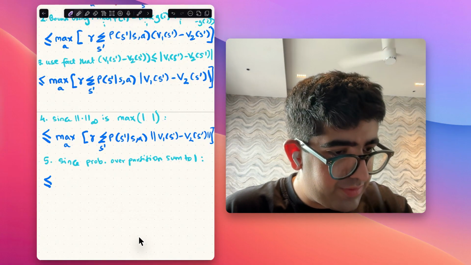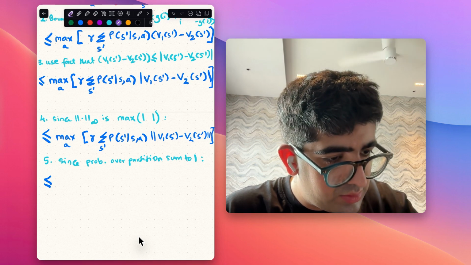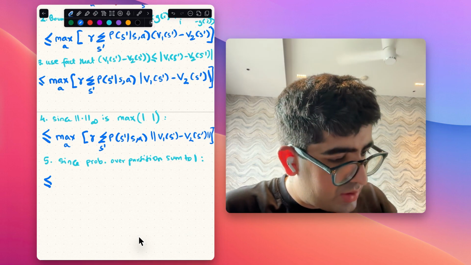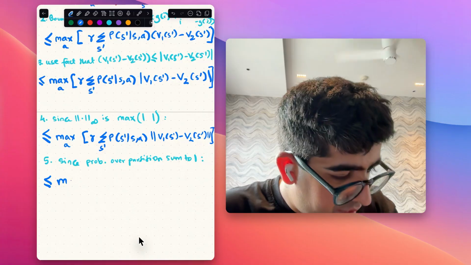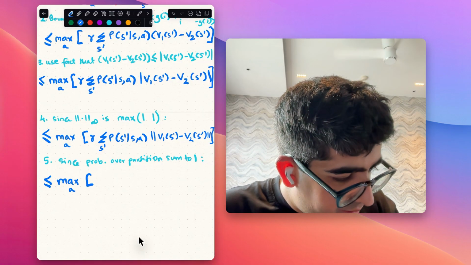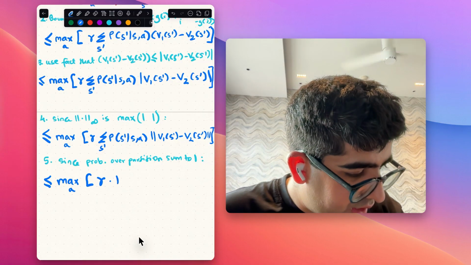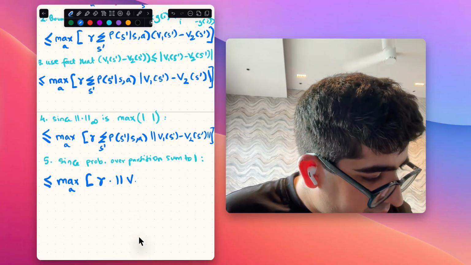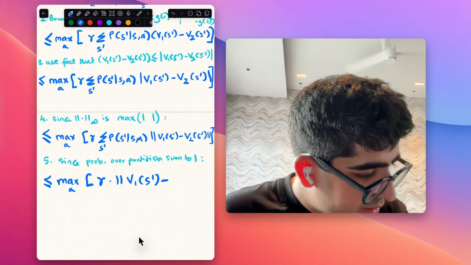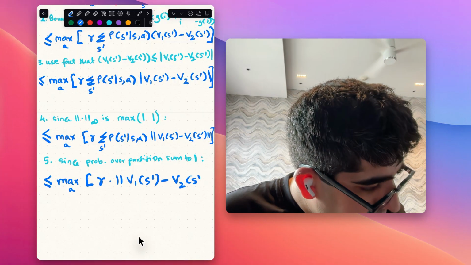So over here we have the max over actions times gamma times the infinity norm of v1 of s prime minus v2 of s prime.